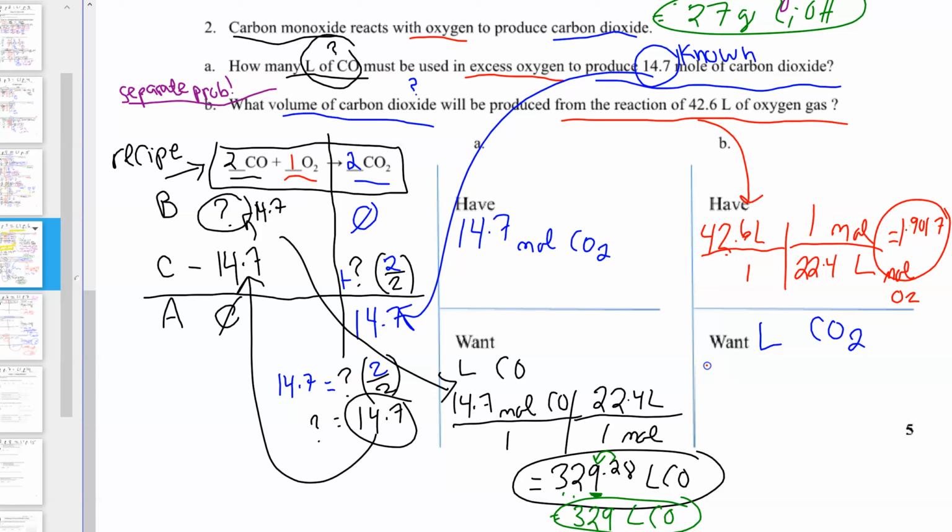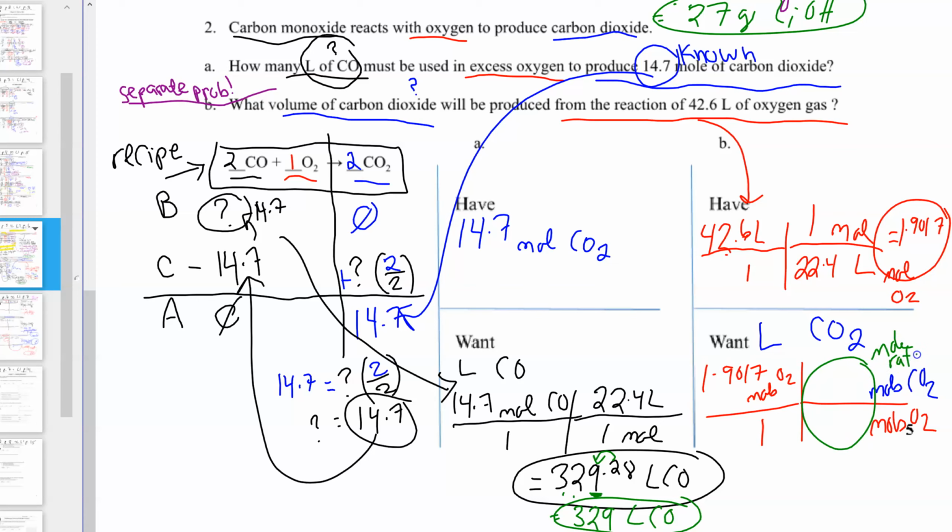So if we have 1.9017 moles of O2, we want to get rid of moles of O2, and we can't go straight to liters of CO2, but we do have a conversion factor that will get us to moles of CO2. This right here is your mole ratio.